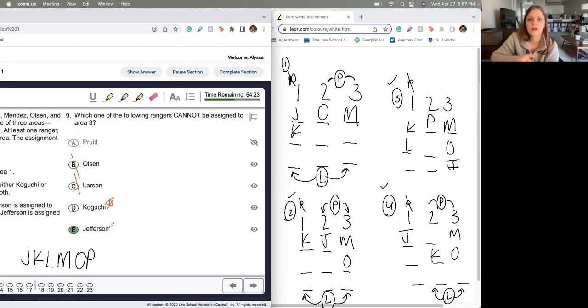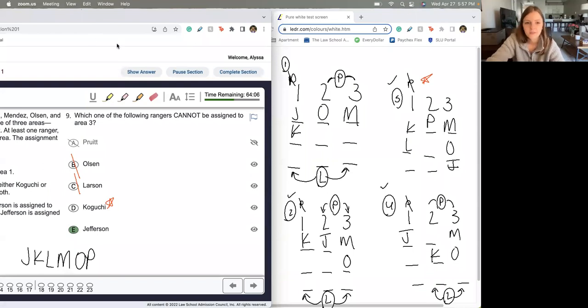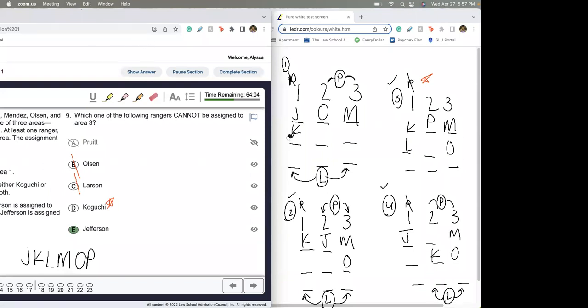Or why is E not the correct answer choice? Because it looks like, is that J? Is J in the 3rd row? Yeah, right there. I saw that. It kind of looked crossed out, but I saw that.